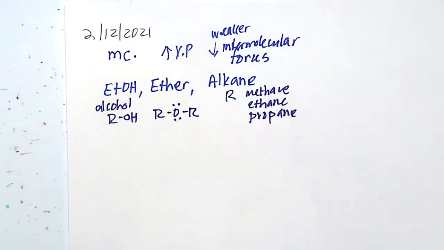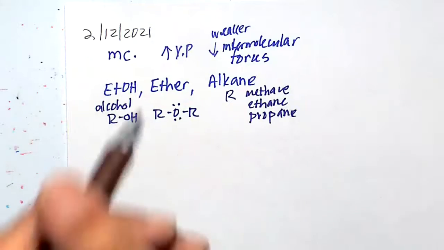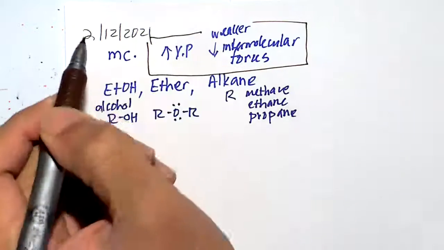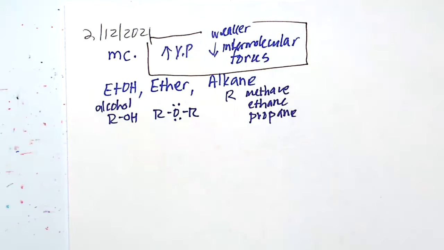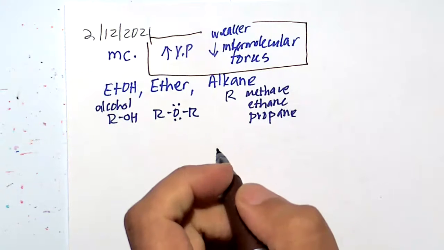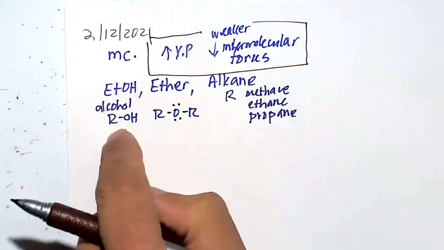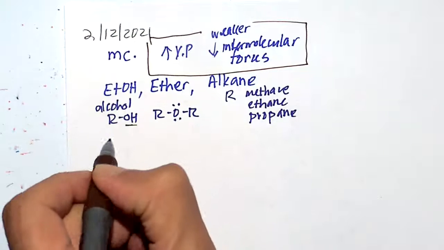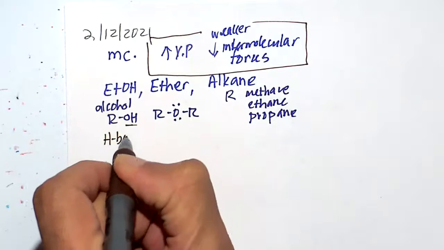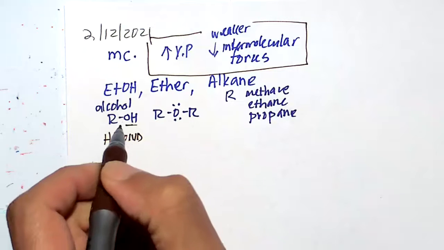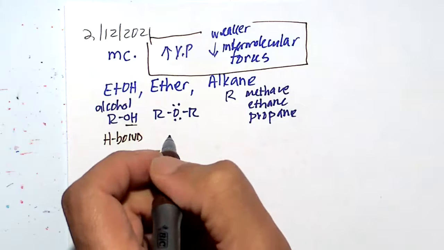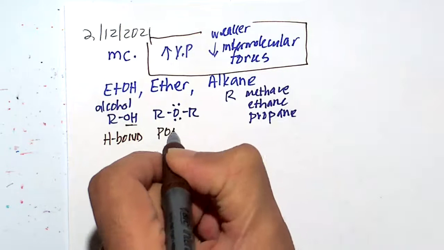Remember the rule here. It's kind of tricky. Which one would have the highest? I would rank it number one, highest vapor pressure. What holds together an alcohol? The OH? Hydrogen bonds. Can an ether hydrogen bond? No, but it is polar, right? Is it polar or non-polar?